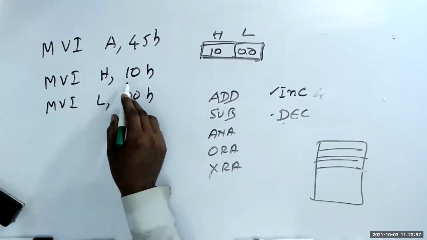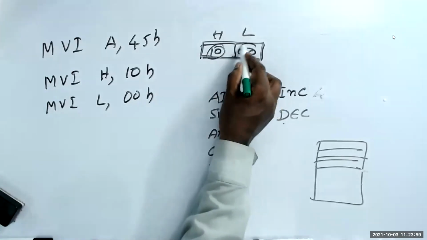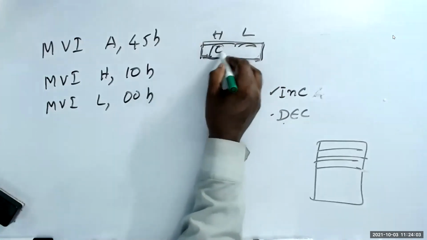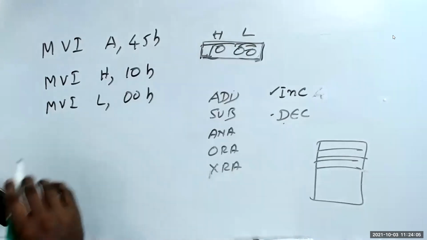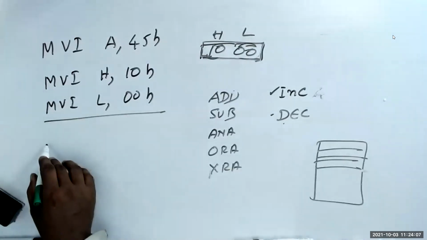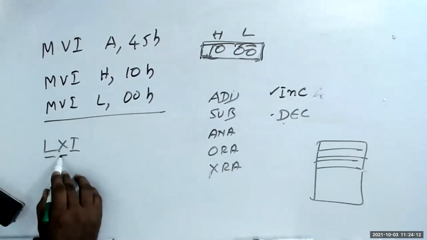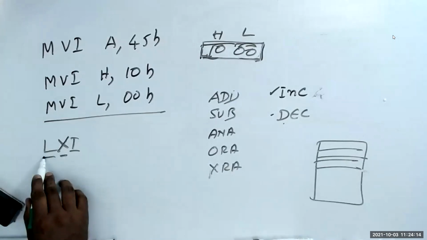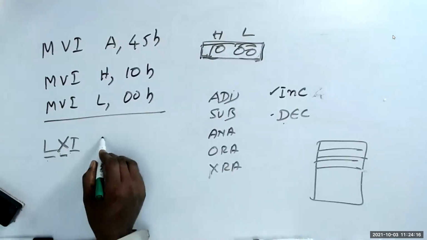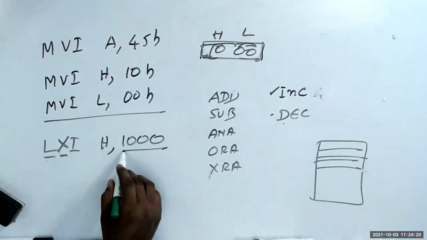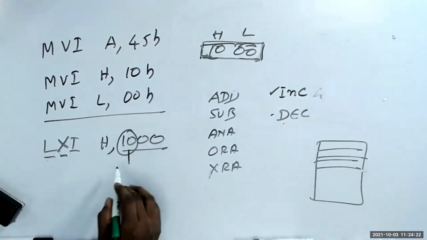Now H becomes 10, L becomes 00. So HL becomes 1000. But there is an instruction called LXI, load extended immediate. X means extended. Load extended immediate H, comma 1000. You can directly give it. Now the 10 will be stored in H. So this is equivalent to this.